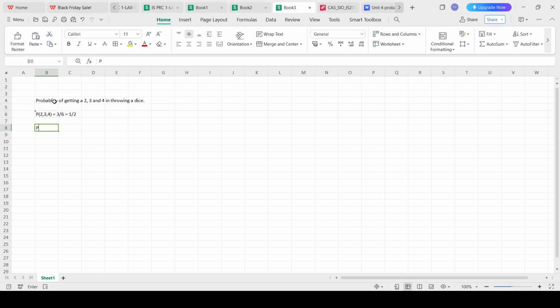Another one: what is the probability of getting a 1, 2, 3, or 5 in throwing a dice?